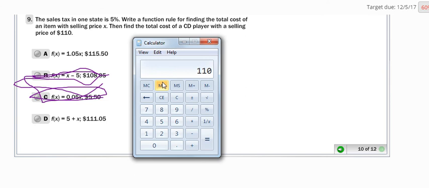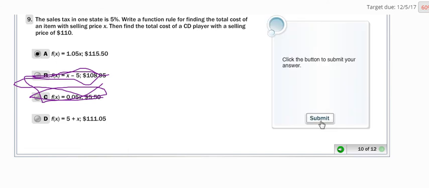We have a $110 item getting charged 5% sales tax, which written as a decimal is 0.05. So we're going to be paying $5.50 in tax plus the $110, which is the cost of the CD player, for a total of $115.50, or option A here.